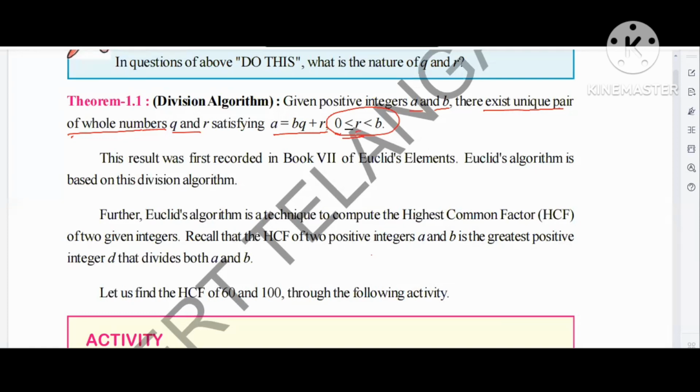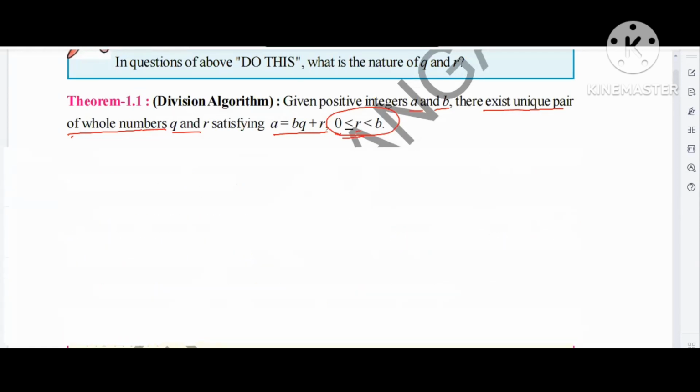Why is it given here? Why do we have to consider the remainder only as 0 less than or equal to r less than b? For example, take any number divided by 5, from 1 onwards. If you divide 1 by 5, 5 zeros are 0 and we get remainder 1.